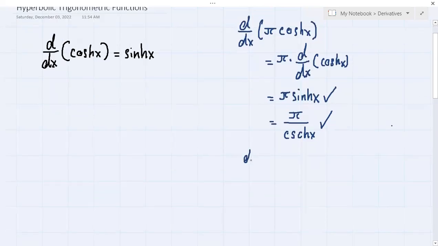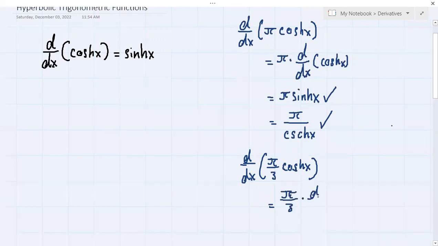So how about another one? Let's just say we are asked to get the derivative of pi all over 3 times cosine hx. So, this one, meron tayong pi all over 3 times derivative ng cosine hx.